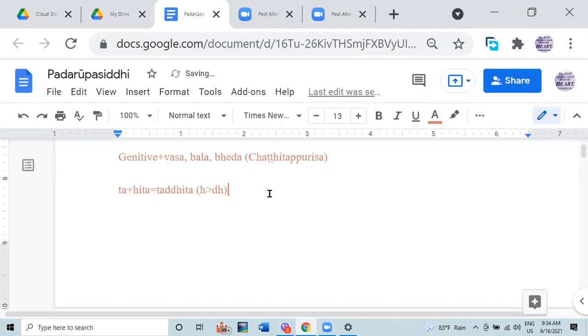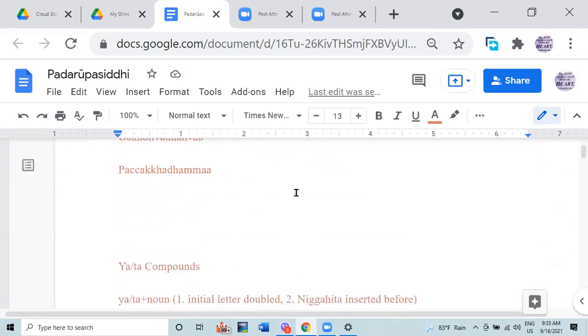So why do we have a double DDH? What is the preceding D? It is a dot.